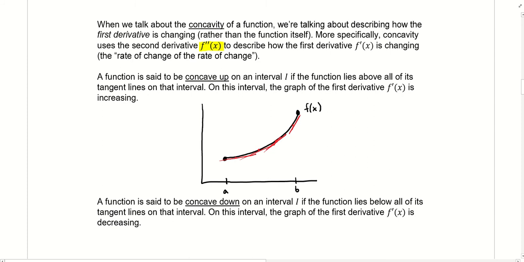We can see that the tangent lines are sitting below the function. In other words, the tangent lines are cradling the function. They're holding the function up. What this represents in terms of the first derivative is that the first derivative is increasing. Its slope is getting steeper, and visually that translates into this concave up shape.